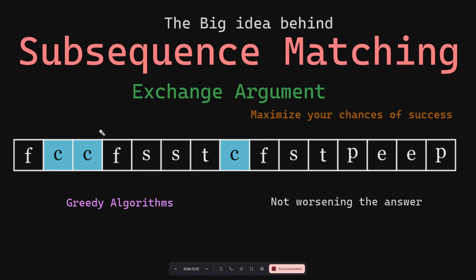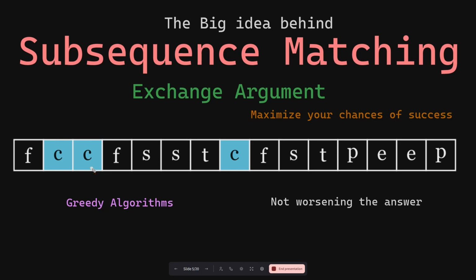Why? Because this suffix is available to both configurations, but in the new configuration, after swapping out this C for the terminal C, we have more possibility of subsequence matching because there are more elements than before.